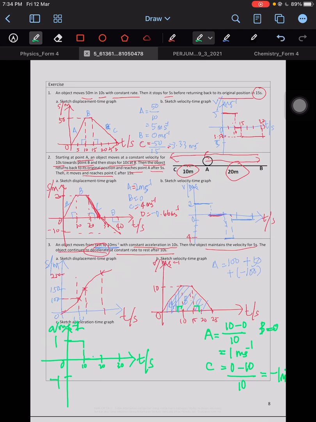Maybe I use a different color. So first, then 5, then the second one, how long? 10 means over here, until 15 and beyond. So this will be your graph. Okay, clear? All right.